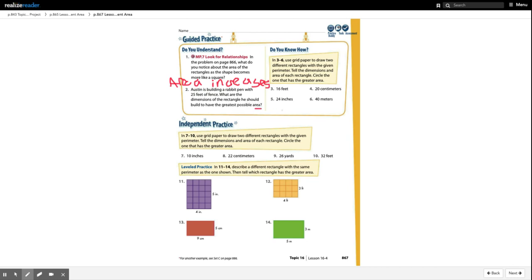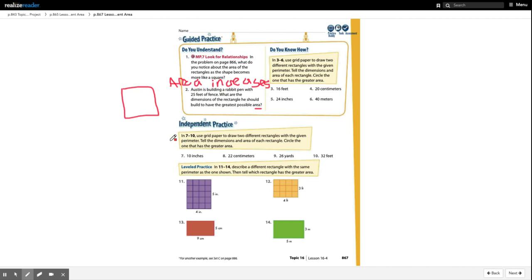So we're going to multiply. So we have to find the total 25 feet. So what 2 numbers can you think about that will equal 25 feet? So let's think this is our area, 25. What should be our sides to equal 25?